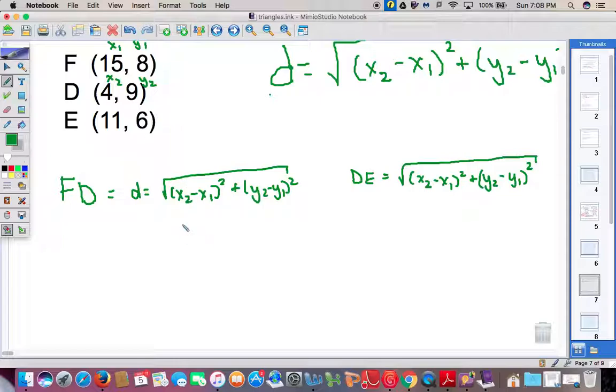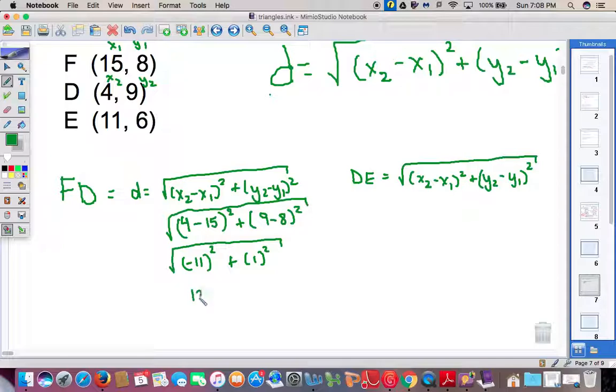Okay, so if I substitute what I have in here, I've got 4 minus 15 squared plus 9 minus 8 squared. 4 minus 15, so I have negative 11 squared, plus 9 minus 8 is 1 squared.